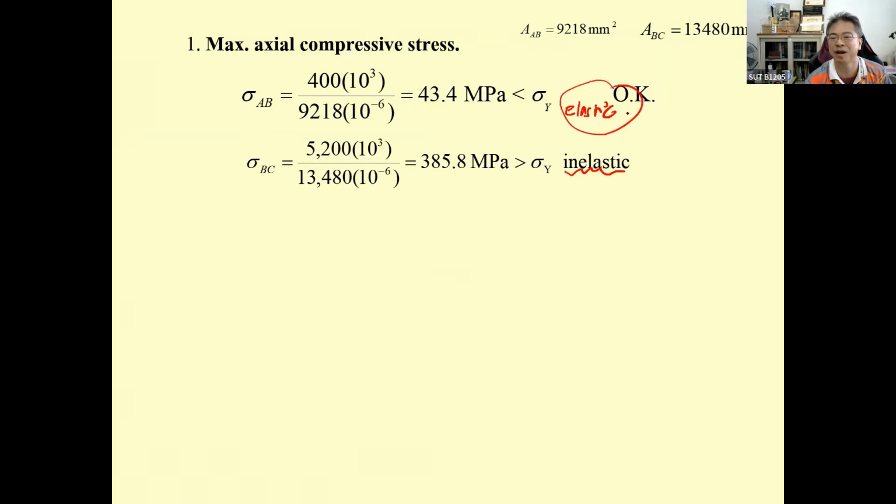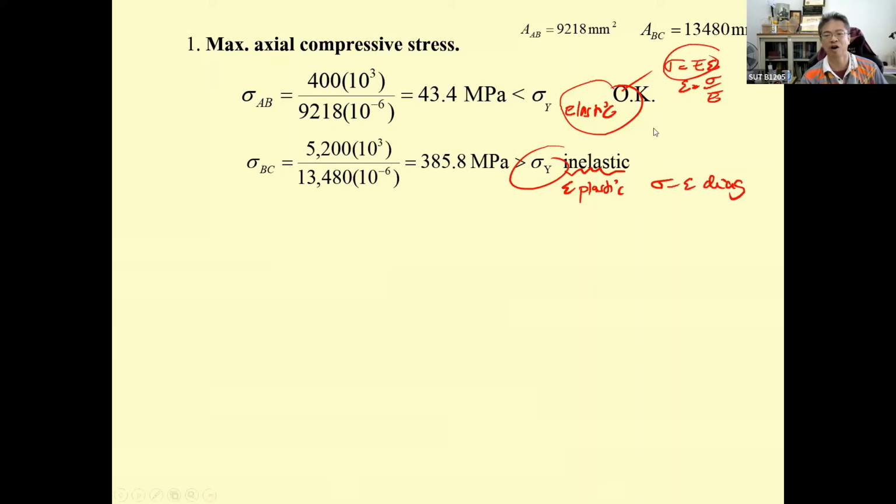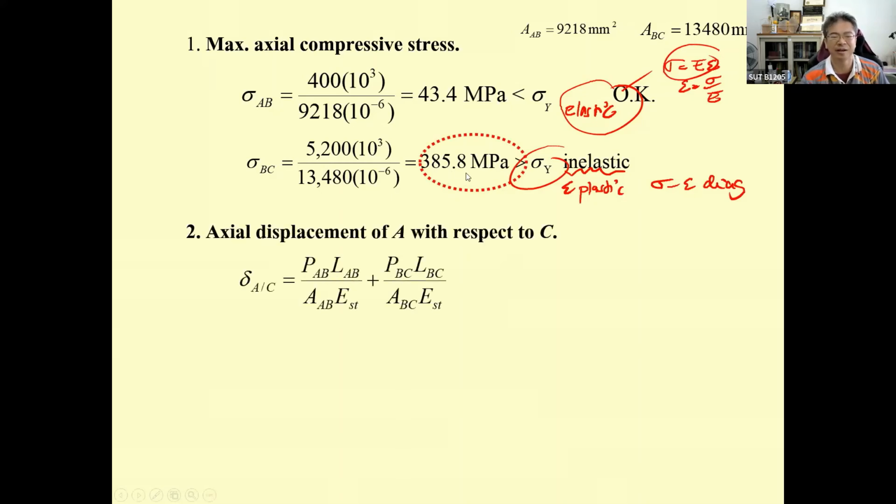You may compute the deformation based upon Hooke's law, sigma equal to E times strain, so the strain is going to be sigma divided by E, but this one the strain is going to be plastic strain. You have to find it from the stress-strain diagram, not from Hooke's law. So based upon this very large stress, this equation cannot be used.